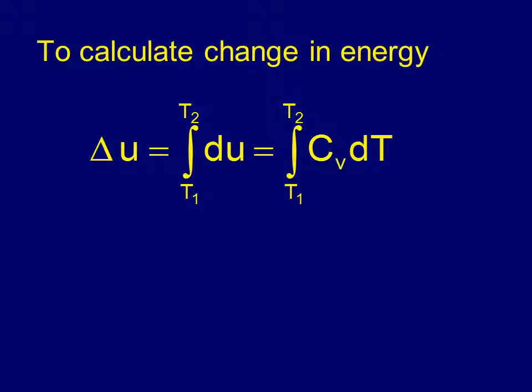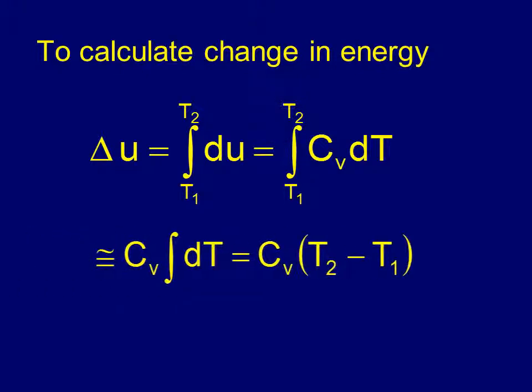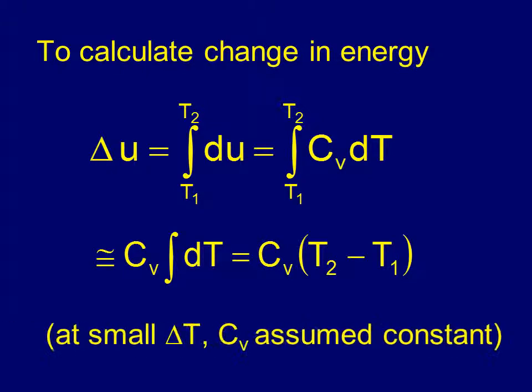Over a small interval of temperature, you can say Cv is approximately constant. Take it out in front of the integral, and then you'll just have Cv delta T. So in this case, for a small change in temperature, the integral of Cv dT is Cv times delta T. We're assuming here that Cv is constant.